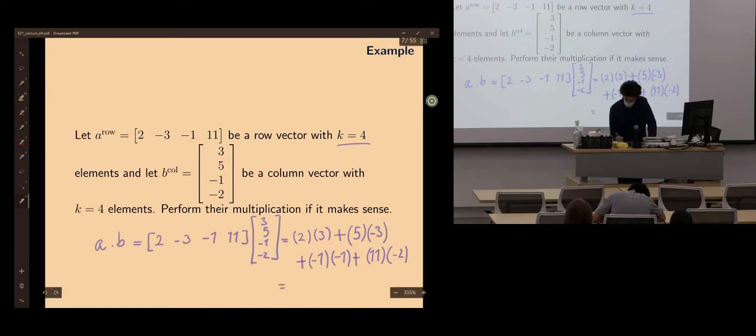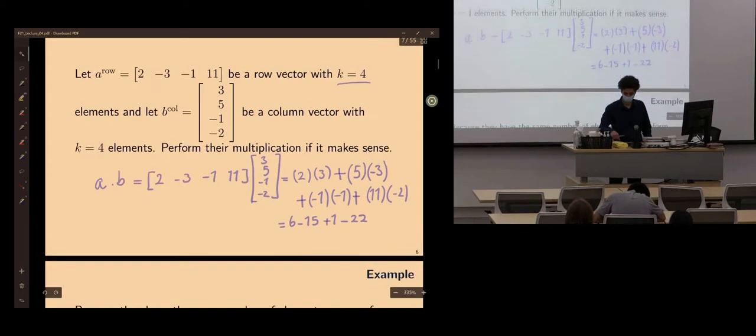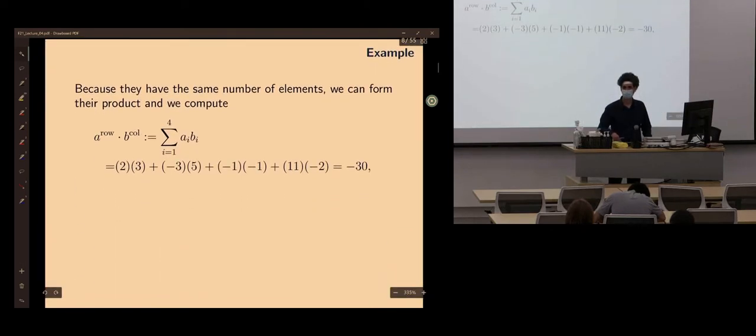But that's just how it goes. And then we have 6 plus minus 15 plus 1 minus 22. I'm not going to try to add them up because this is being recorded. I refer to my next slide, and the answer is minus 30.